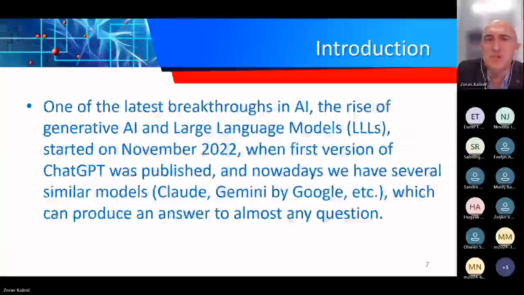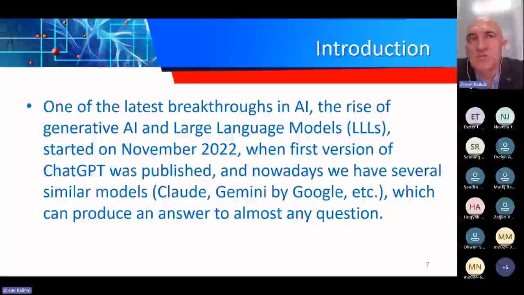One of the most important events for the public was the rise of generative AI, which actually started in November 22 with the first version of ChatGPT produced by the OpenAI company. So nowadays it seems that we have a tool that can give us an answer to any question that we need.